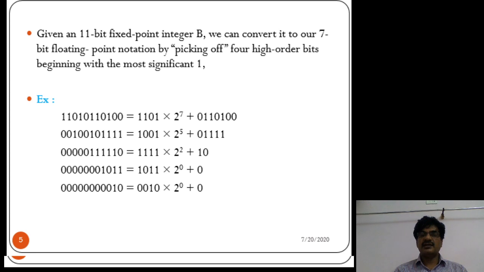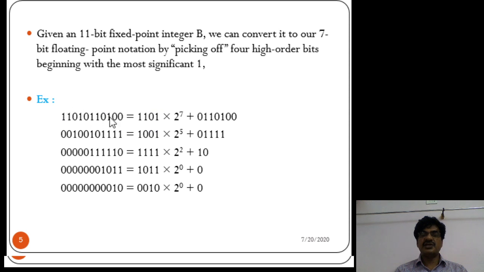So here the MSB 4 bits, 1101, are the mantissa. Then count the rest of the bits. How many bits are the rest? 1, 2, 3, 4, 5, 6, 7. So 7 bits, so the exponent is 7. So 1101 into 2 power 7. This is the floating point number, whereas this is the fixed point number.